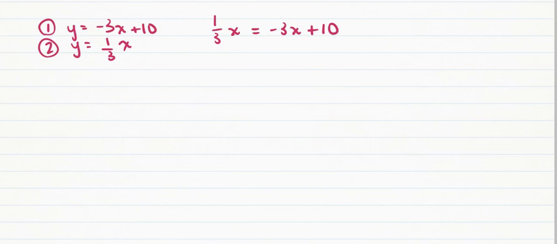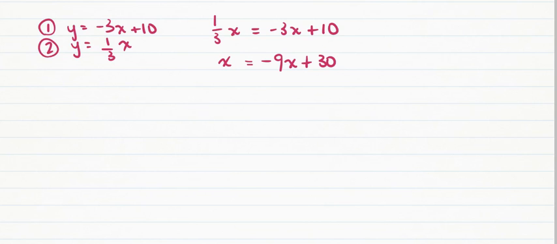Often when there are fractions involved in the equation, we multiply both sides of the equation by the lowest common denominator. In this case, the lowest common denominator would be 3. Multiplying the left side by 3 gives me x. Multiplying the right side by 3 gives me -9x + 30.